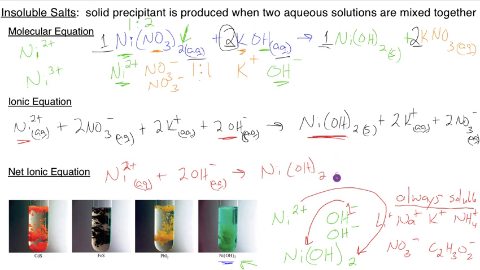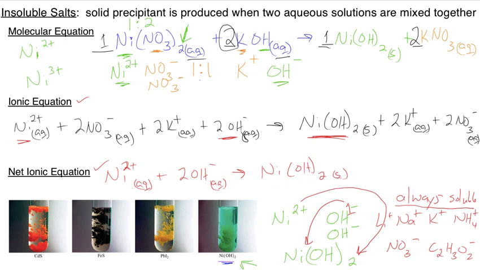And that's solid. So again, if you get the balancing and the setup correctly here on the molecular equation, you're really just using that same information over and over again to modify the notation just a little bit to deal with the ionic equation and the net ionic equation. Again, remember, the net ionic equation is trying to describe the reaction that has taken place.